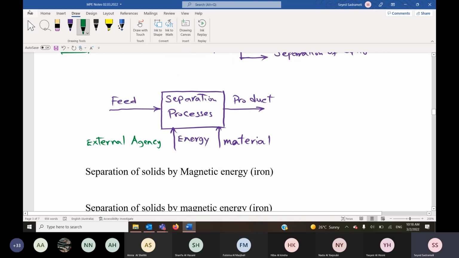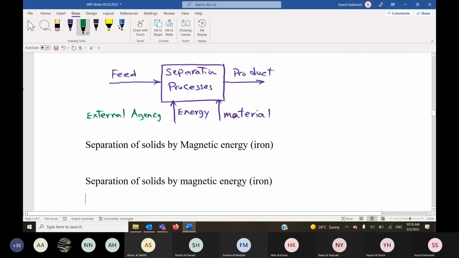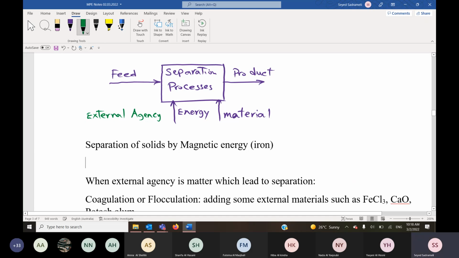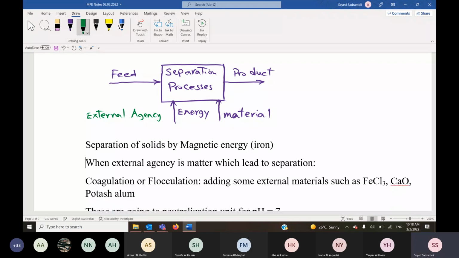When external energy or matter leads to separation, we have coagulation or flocculation.